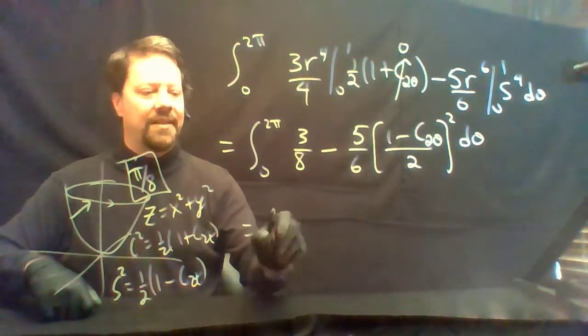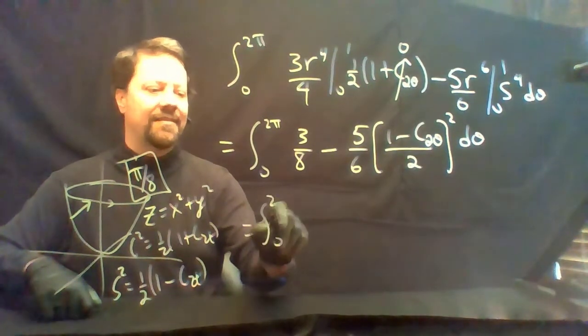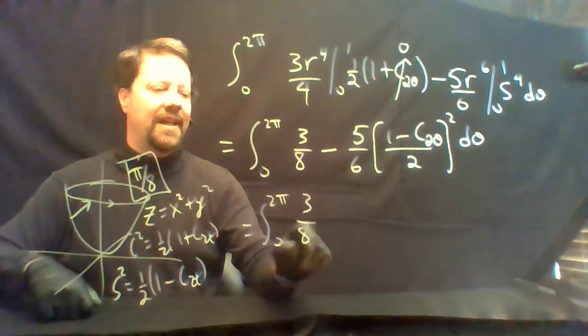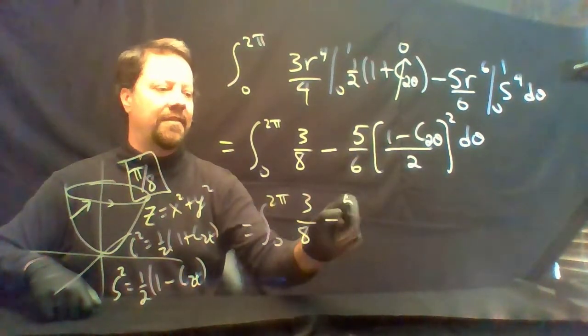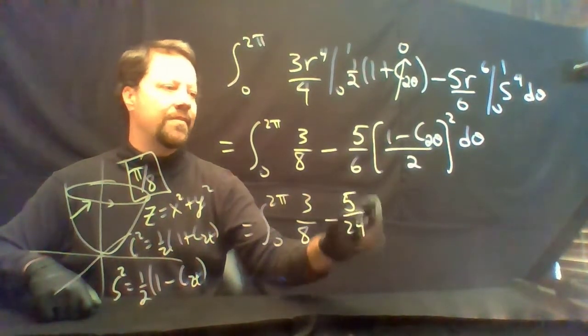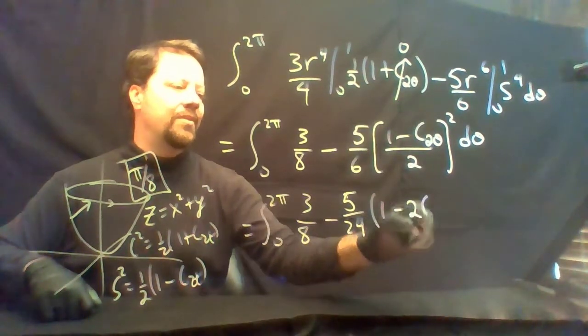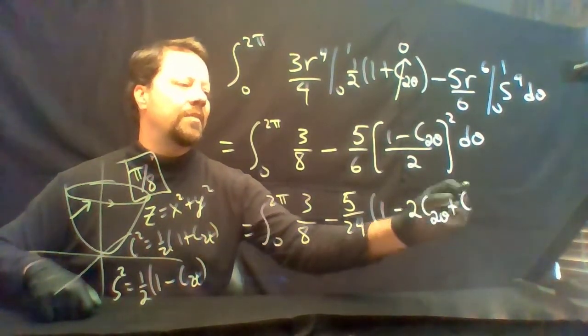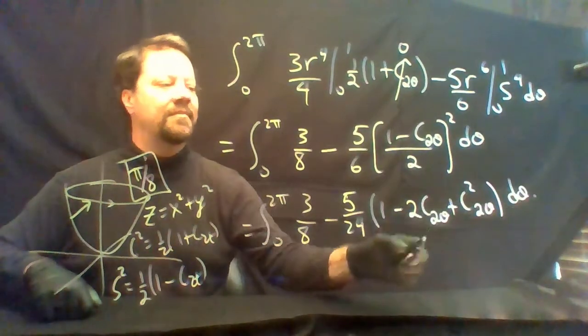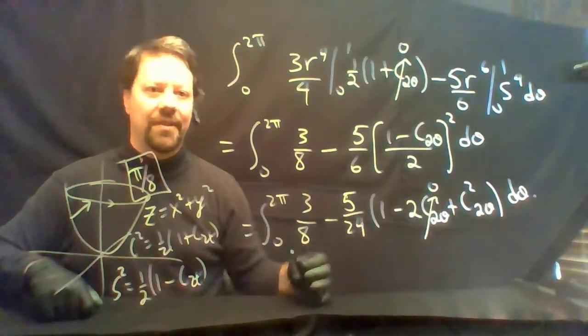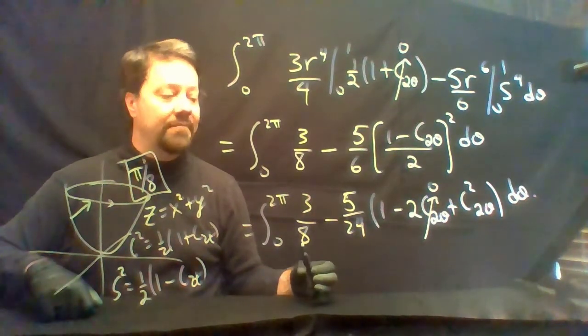The first term is going to be, let's just leave it, 3/8 minus, 2 squared is 4, we'll have 5/24 (1 minus 2 cosine 2 theta plus cosine squared 2 theta), all times d theta. Of course, the integral of cosine 2 theta from 0 to 2 pi gives you 0.